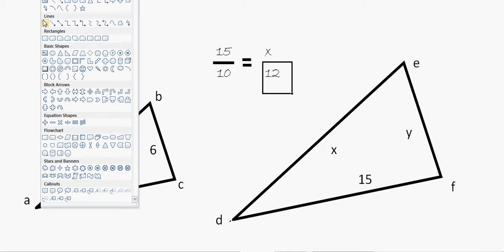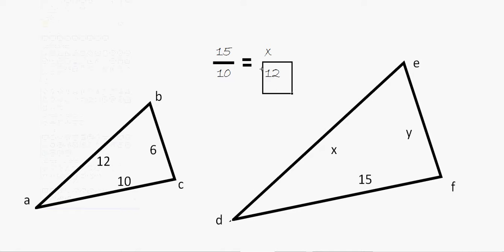And that gives me the other part of my proportion.